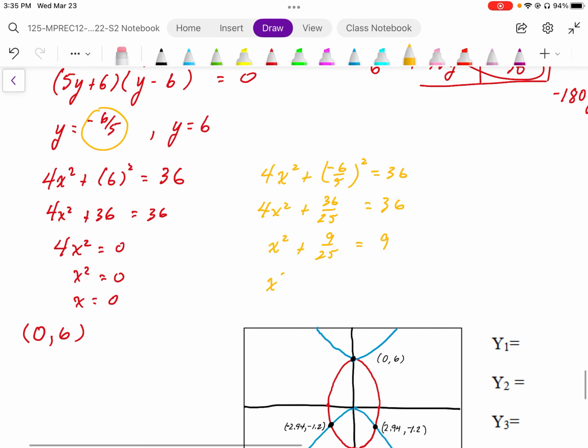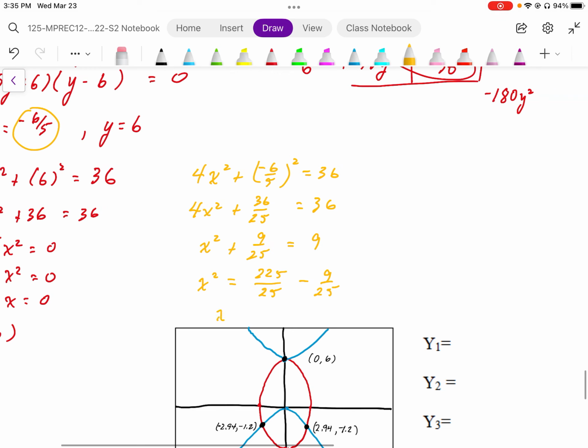And then we end up with x squared is equal to, and so this works out to be 225 over 25. Okay, so 225 over 25, that's equal to 9. And then we're going to minus the 9 over 25. That gives us x squared equals 216 over 25.